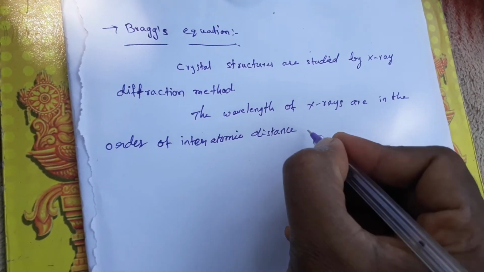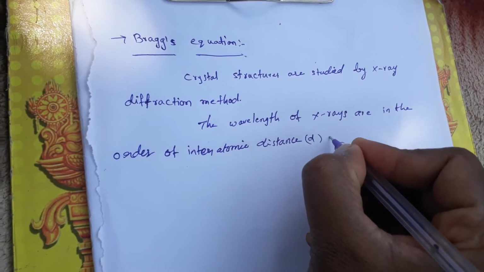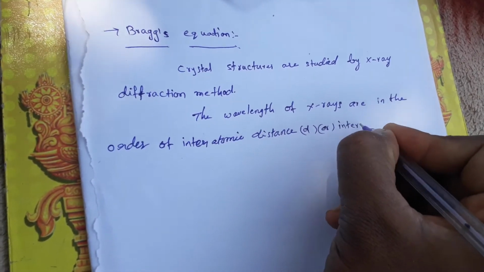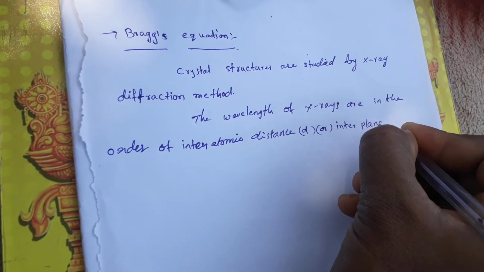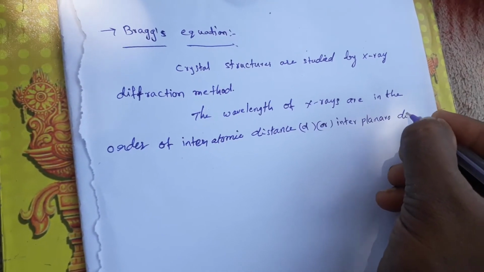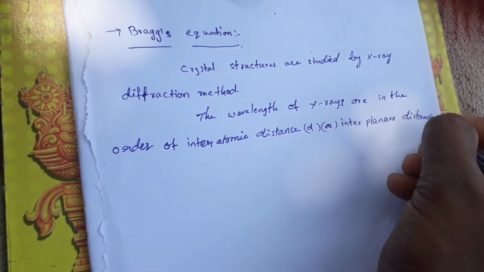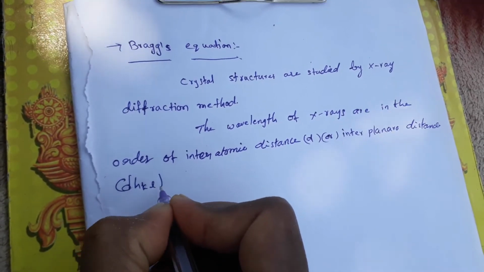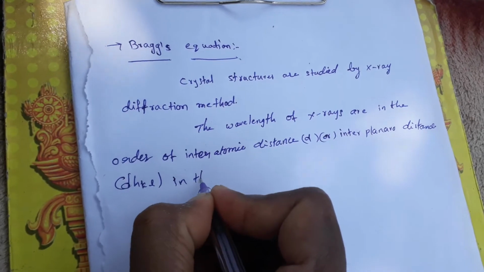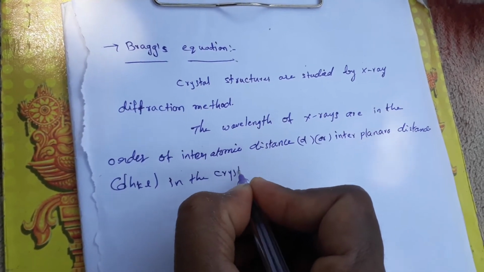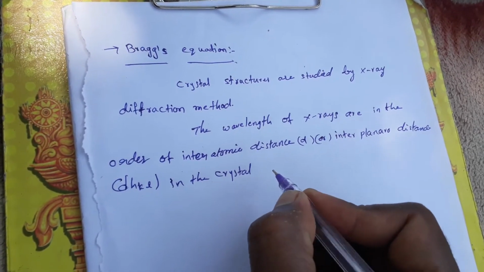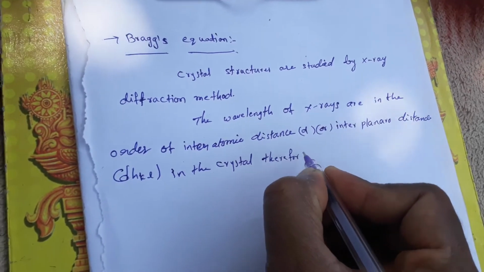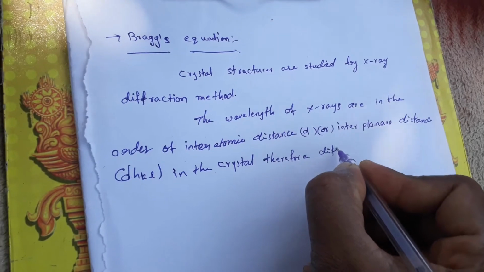Interatomic distance d, small d, or interplanar distance, that is d HKL in the crystal. Therefore diffraction is possible.